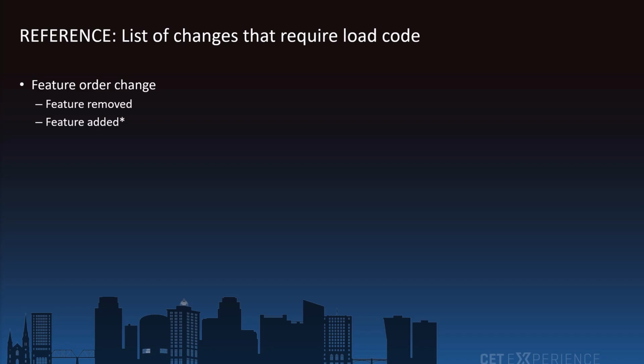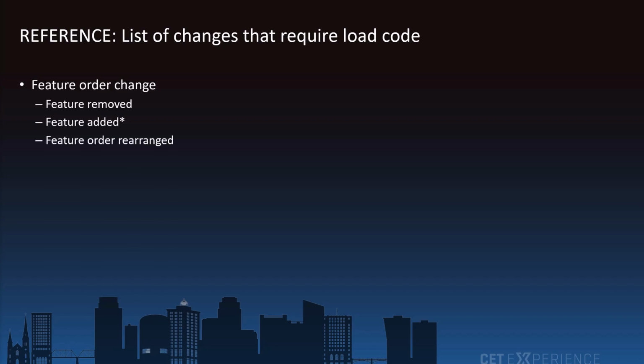I added an asterisk to this one because if you're adding a feature at the end of a leaf path or to the end of a top level feature list, this might be unnecessary, but only unnecessary if you have some sort of generic load code. After I go through these lists, I will talk about generic load code and why it's useful, but most things that I have asterisked in here may not actually require load code if you have such a failsafe in place, but we will go over that.